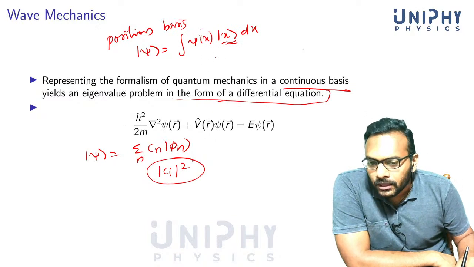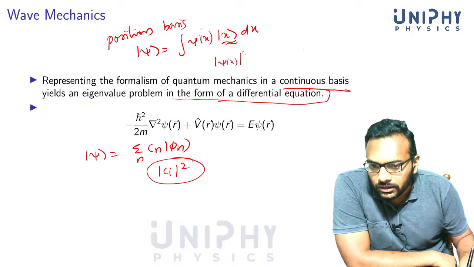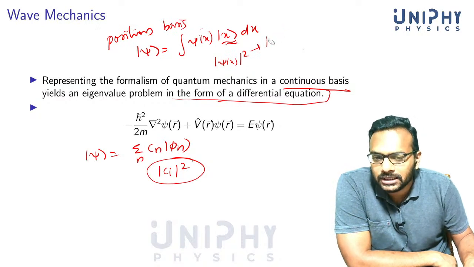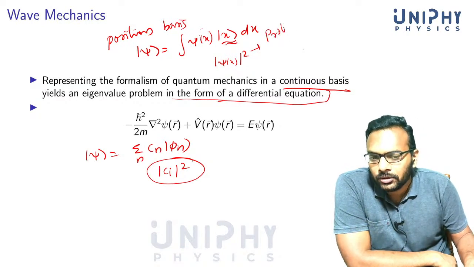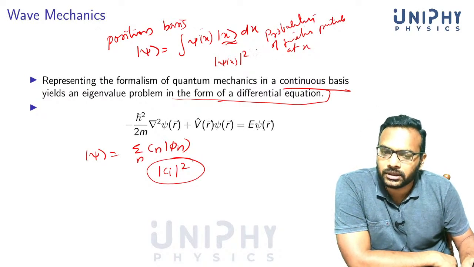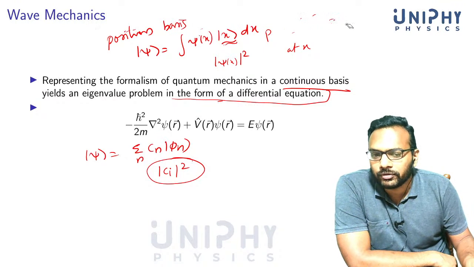Modulus psi of x squared would be associated with the probability of finding the particle at x.